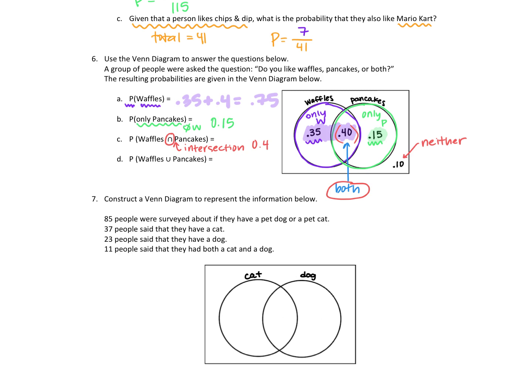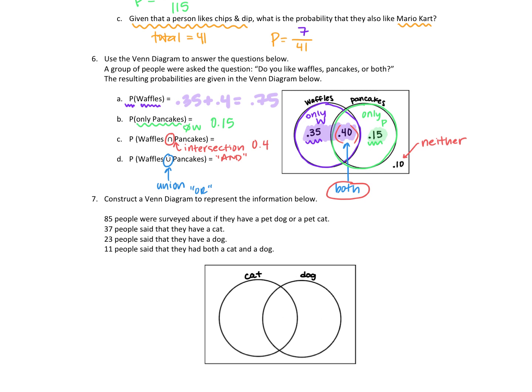The union is this symbol on the last question, the U, and the union brings everybody together. That's waffles or pancakes. We can think of the intersection as the word "and": waffles and pancakes. We can think of the union as the word "or": waffles or pancakes or both.